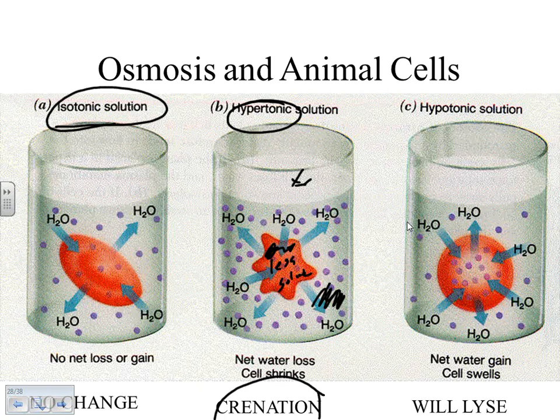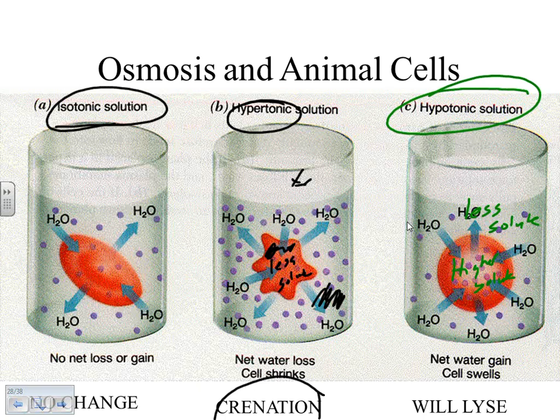Over here's the opposite process. Here we take the blood cell and we put it in a hypotonic solution. This means there are less solutes. There's a lower concentration of solute outside the cell and a higher concentration inside the cell. In this case, water wants to move into the cell.